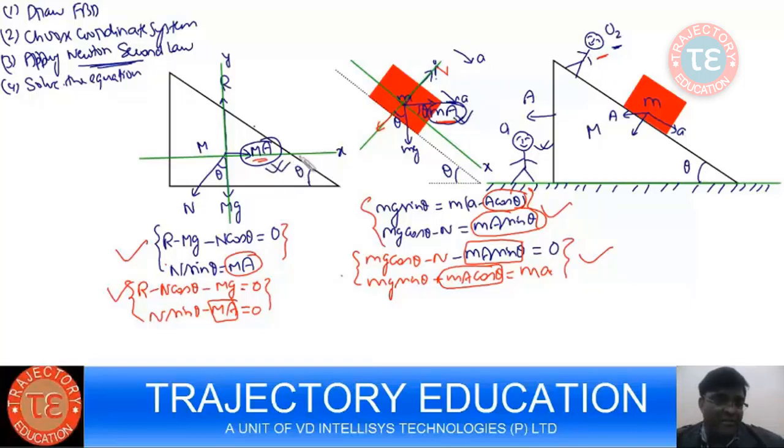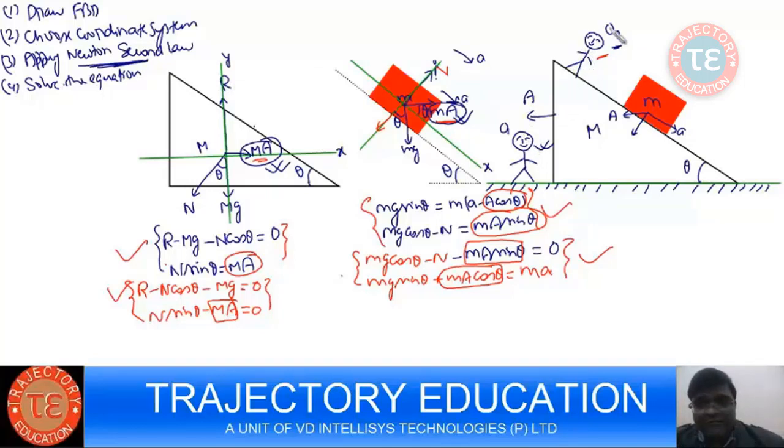These are just a manipulation in the free body diagram so as to compensate for the difference in the observation which O1 and O2 have. There is a difference in the observed acceleration which O1 makes and which O2 makes, and Newton's second law won't be applicable to O2's observation.